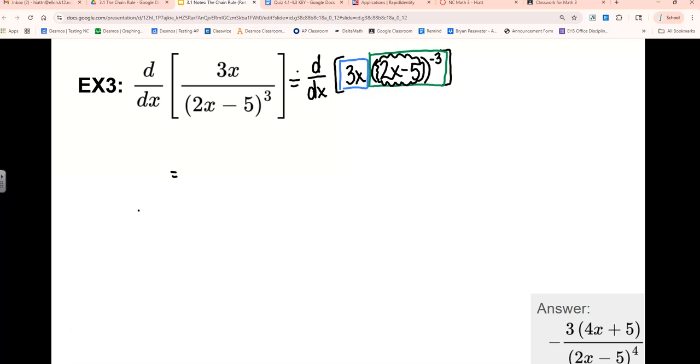So when we take our derivative here, we will have the 3x times the derivative of the second part, which is going to be negative 3 times the stuff to what power? Negative 4. You're subtracting that: negative 3 minus 1 gives you negative 4. Stuff on the inside stays the same, 2x minus 5. What else do I have to do?